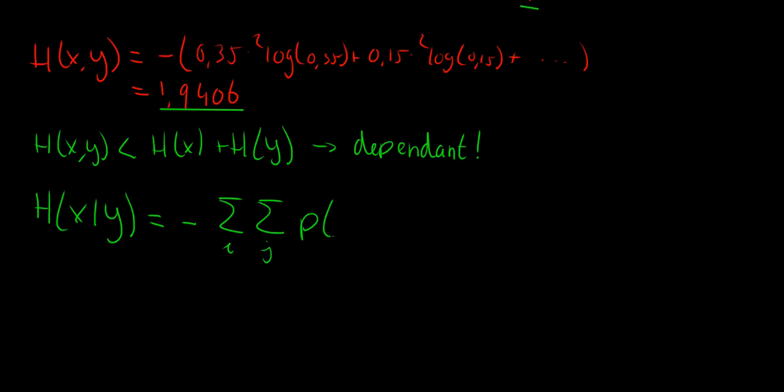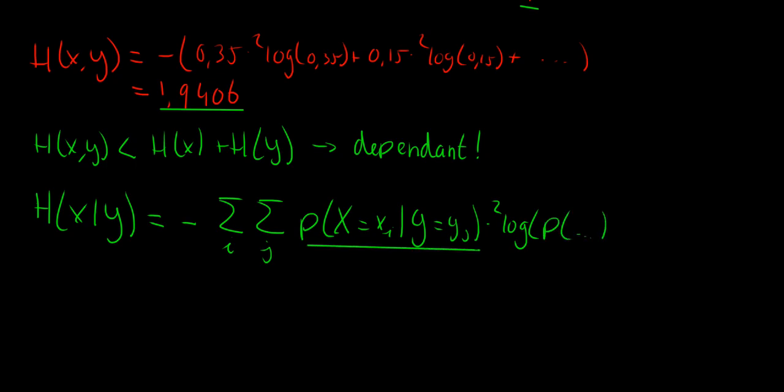We look at the probability that X is x_i given Y is y_j times the 2 log of the same probability that is also here, multiplied with the probability that Y is y_j, because we are looking at the weighted average.